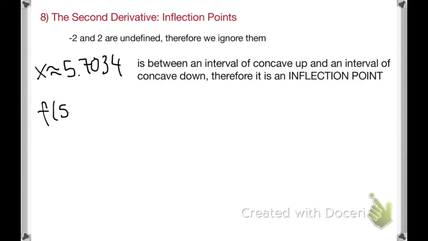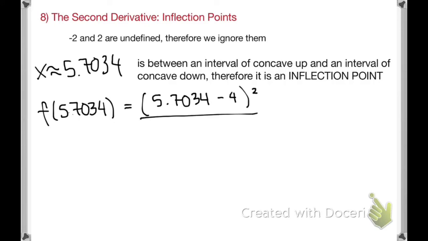So f of 5.7034 is going to be equal to 5.7034 minus 4 squared all over 5.7034 squared minus 4.